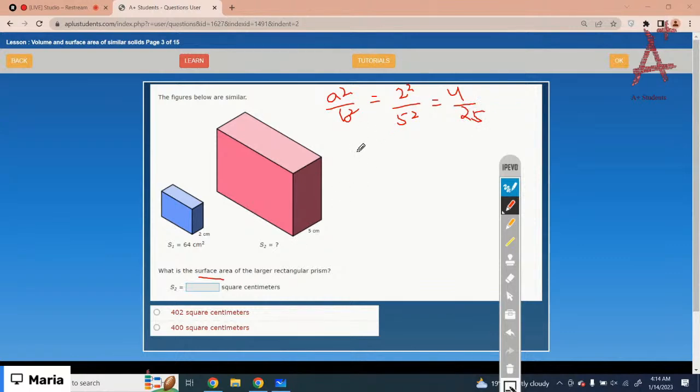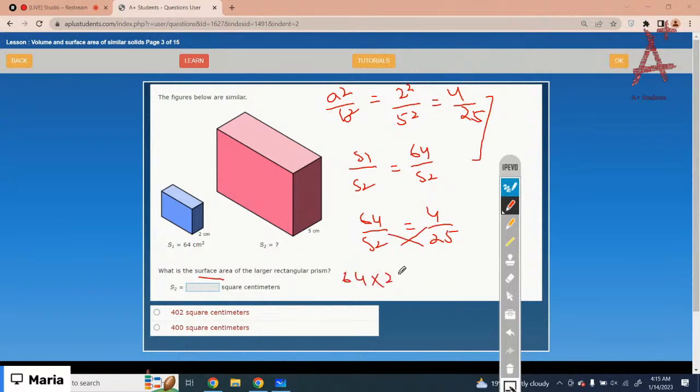Now set up the ratio between their surface area. It would be S1 over S2. S1 is 64 and S2. Now equate these two ratios. It would be 64 over S2 equals 4 over 25. Got it? Just do cross multiplication. It would be 64 times 25 and S2 times 4.